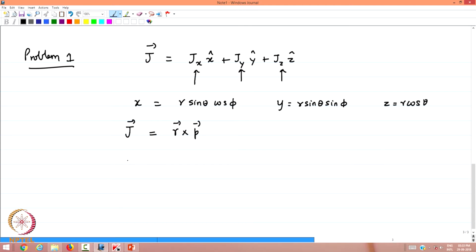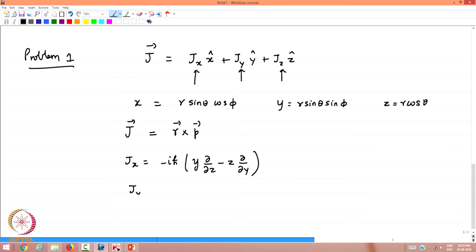the xyz coordinate system, Jx is written as minus i h bar (y dou by dou z minus z dou by dou y). The minus i h bar dou by dou z is the z component of the linear momentum p.